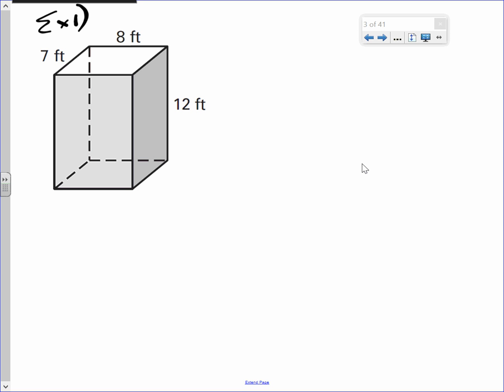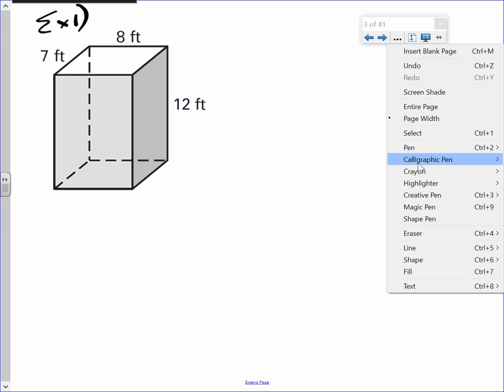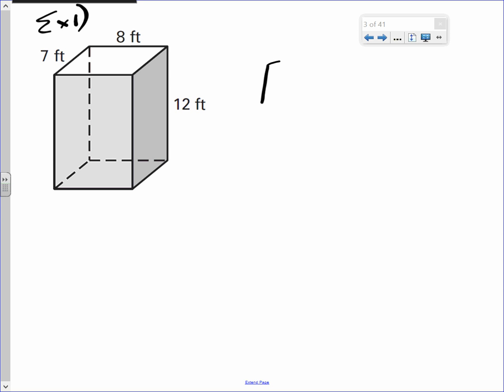So if you look at your reference sheet here on formulas, let's go and find the surface area. So we're going to write: find SA. When I write SA, we're talking surface area. So let's find the surface area of this puppy. Now, to eliminate any headaches, any stress and anxiety on your part, please pay attention.